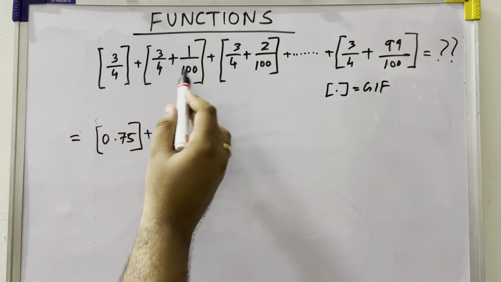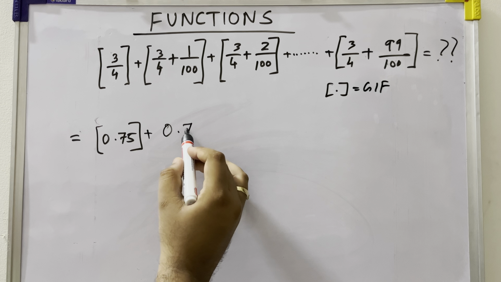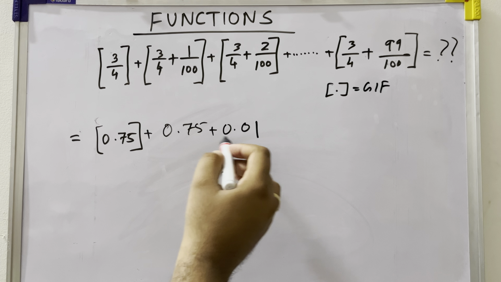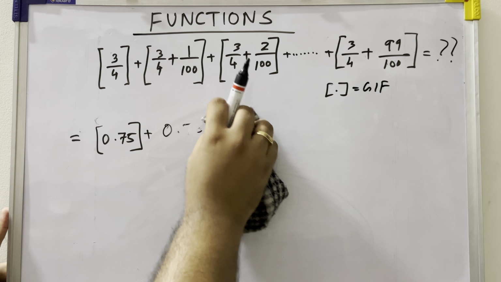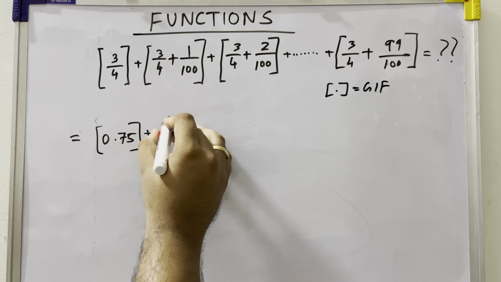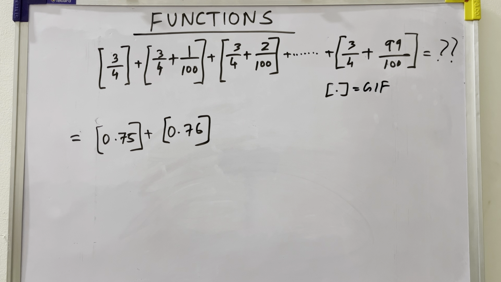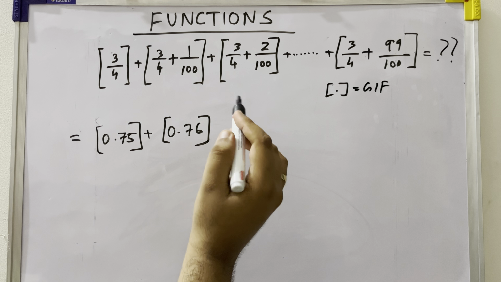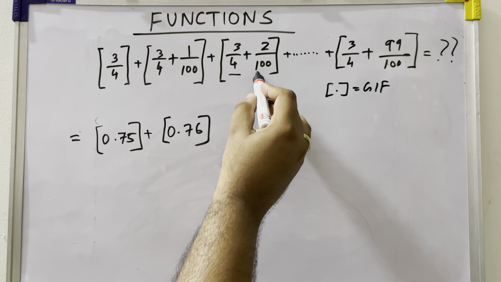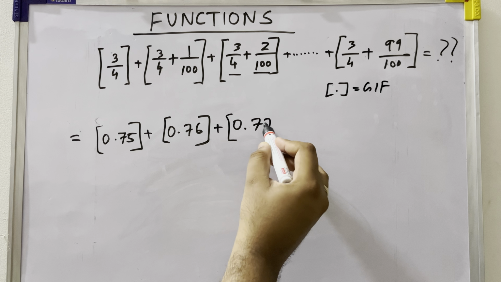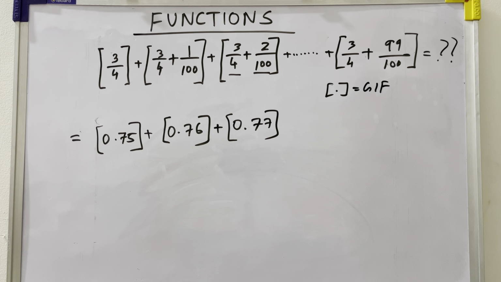Plus, how much will this give you? 0.75 plus 0.01, which is 0.76. You got it, right? What will be the next term? This is 0.75 plus 0.02, which means 0.77. I think this is clear to you all.